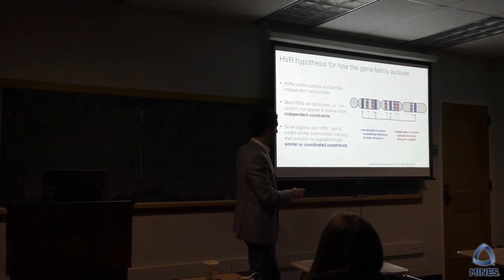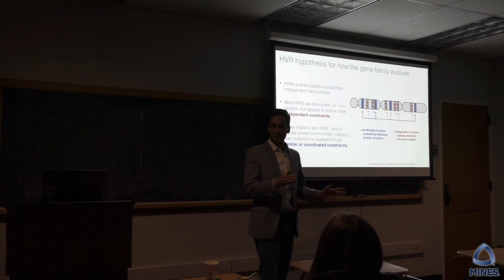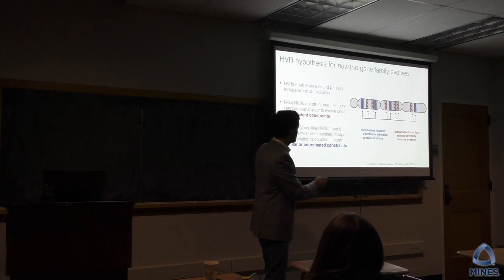On the other hand, once you've satisfied these coordinated constraints, you really want, if you're a parasite, as much diversity as possible to evade the immune system. And so you can do that by making these evolve independently. So that's the picture that we get to when we use these network community detection methods and compare the communities that we find to see how these genes are structured as a gene family.